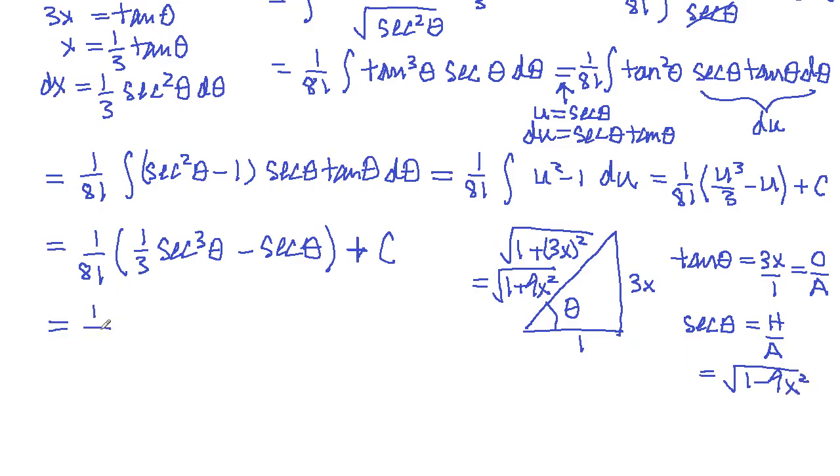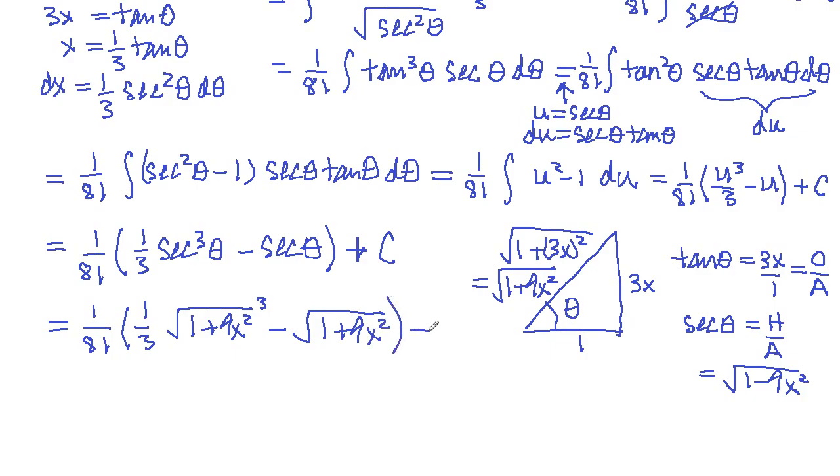So we've got 1 over 81 times 1/3, and then our secant gets cubed. Secant is root 1 plus 9x squared, and that gets cubed. And then minus secant theta, root 1 plus 9x squared.